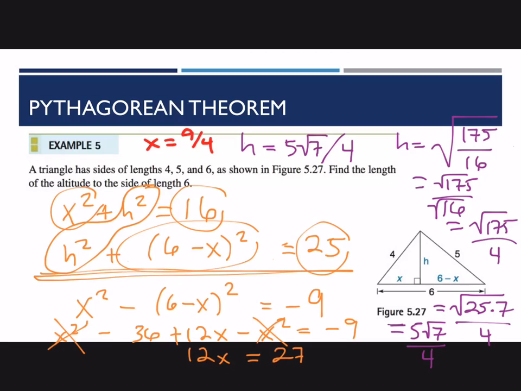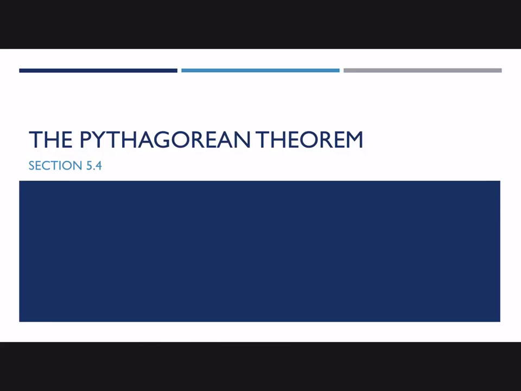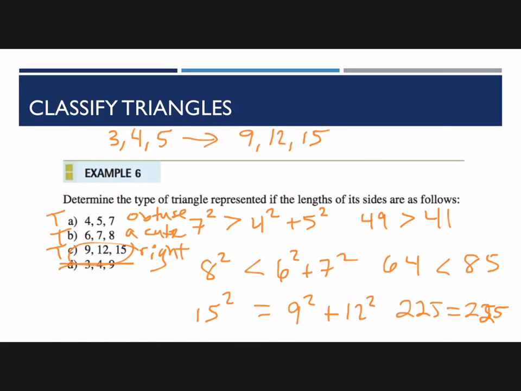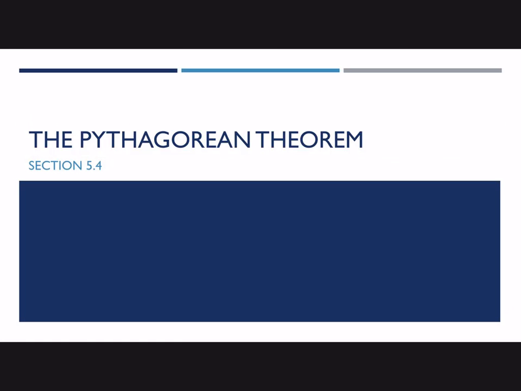Okay, so basically it's still the same two options, either substitution or elimination by either adding or subtracting the two equations. All right, so those are the highlights for section 5.4. So using the Pythagorean theorem to decide whether or not a triangle is right, acute, or obtuse.